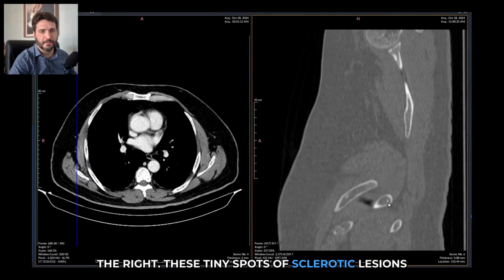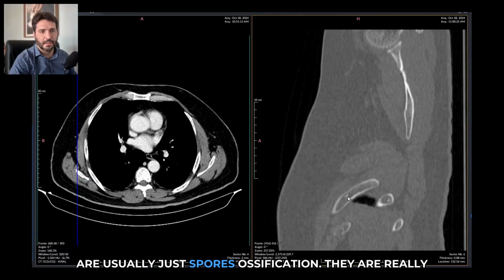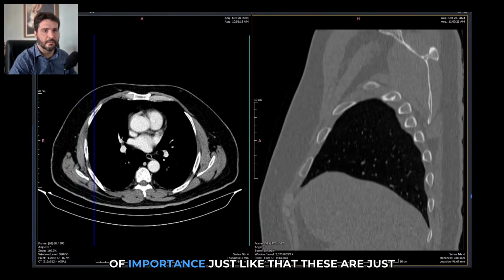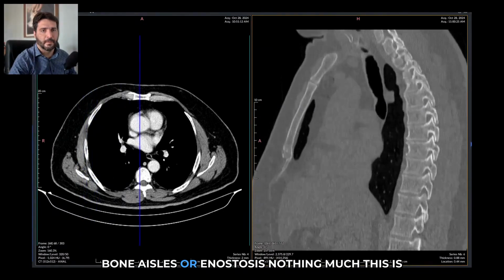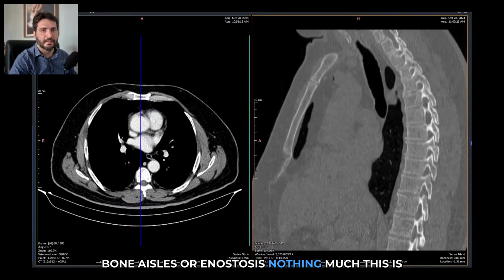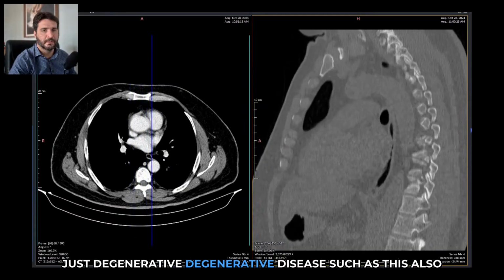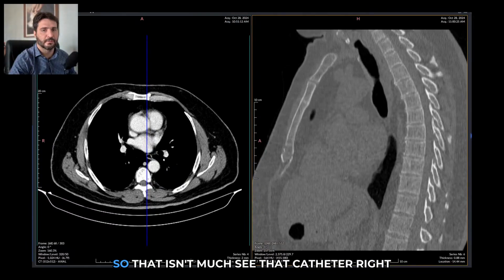These tiny spots of sclerotic lesions are usually just sparse ossification. They are not really of importance. These are just bone islands or enostosis, nothing much. This is just degenerative disease, such as this also.